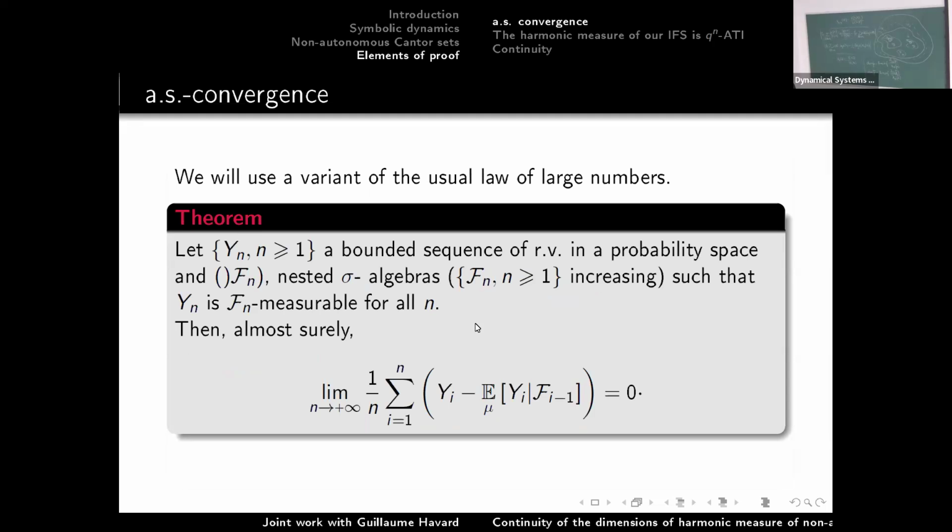Now I will use a variant of the law of large numbers. What we know is that when we have identically distributed and independent variables, 1 over n times the sum of the xn minus the mean value goes to 0.